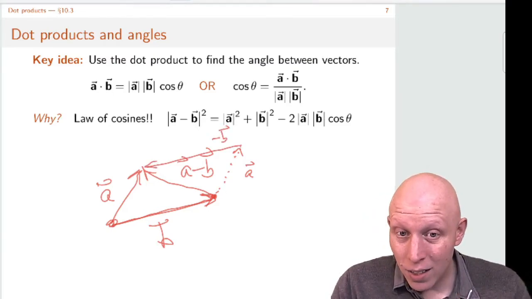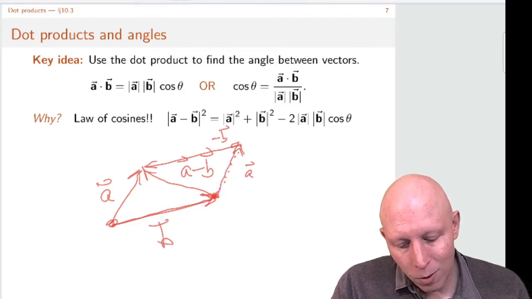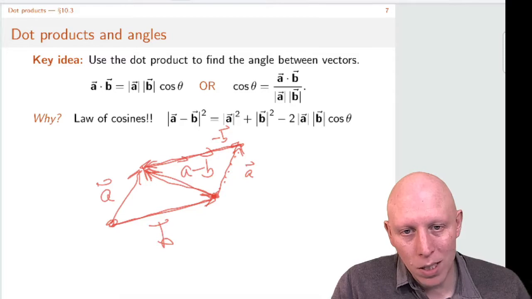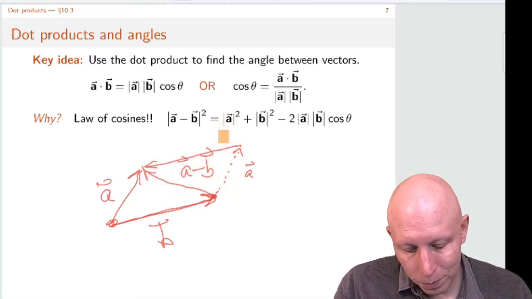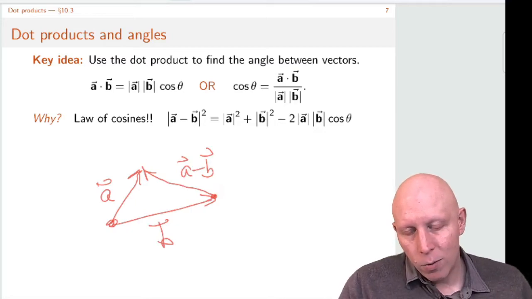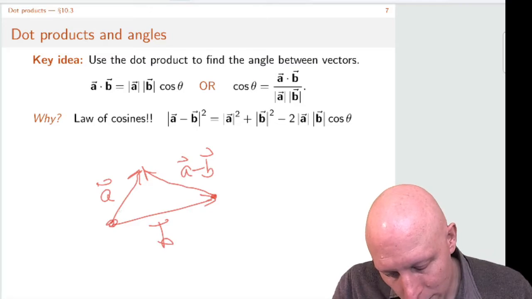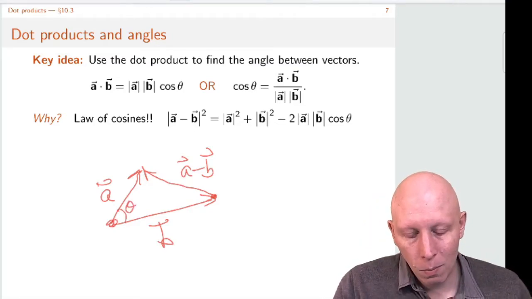So A is the vector from here up to here, and if we add in negative B, then we get this other vector, A minus B, because A plus negative B, that's how we've defined A minus B. So we've drawn this triangle here, and we're trying to figure out what's this angle between A and B.